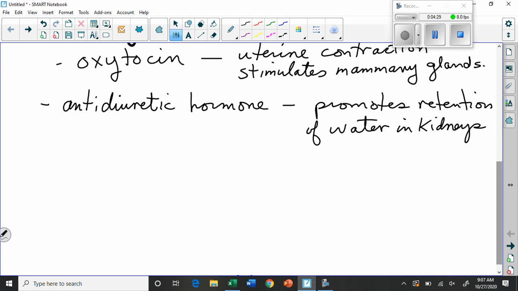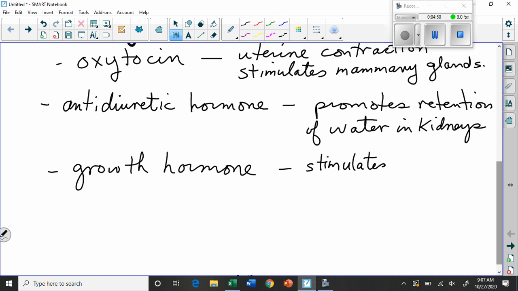Let's see. Growth hormone is an important one in the pituitary. Growth hormone has been identified as stimulating, obviously, growth, especially in bones and things like that. If you don't have growth hormone, you will not actually grow very well.